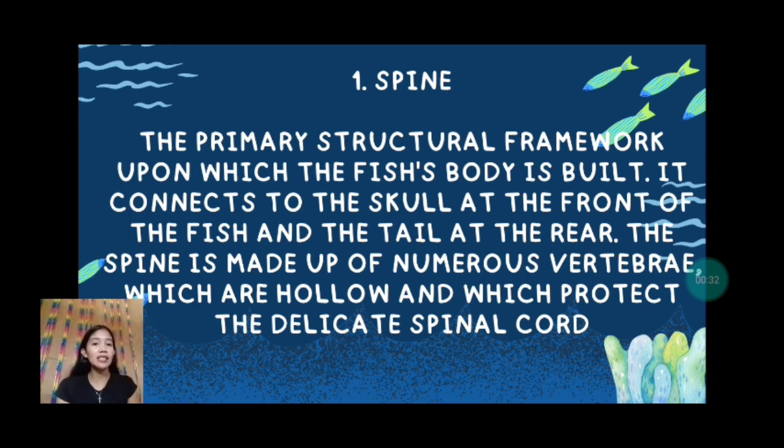The spine is the primary structural framework upon which the fish body is built. It connects to the skull at the front of the fish and the tail at the rear. The spine is made up of numerous vertebrae which are hollow and which protect the delicate spinal cord.